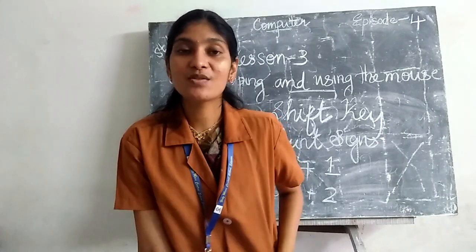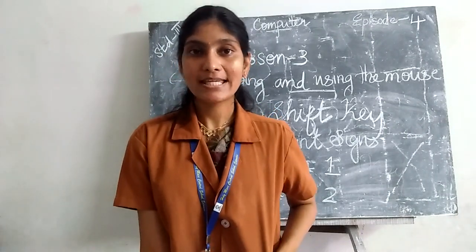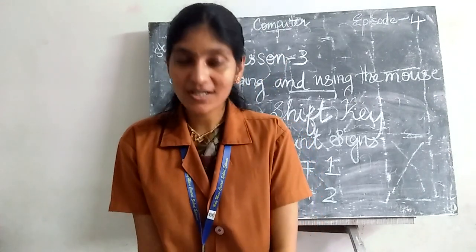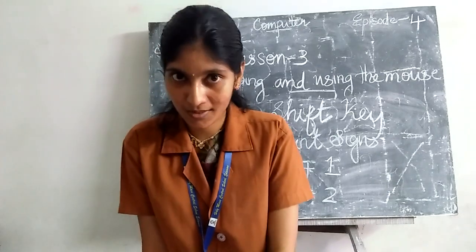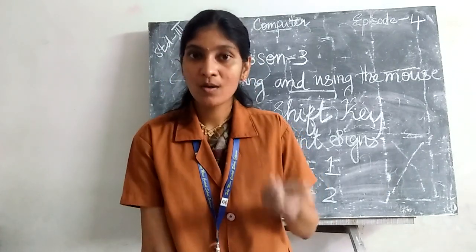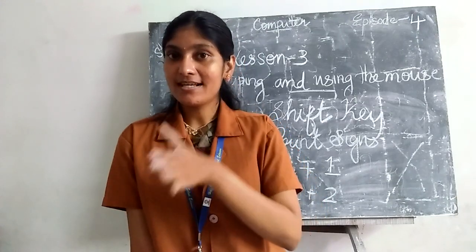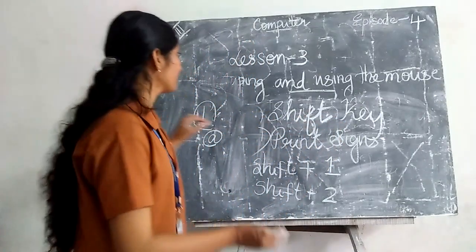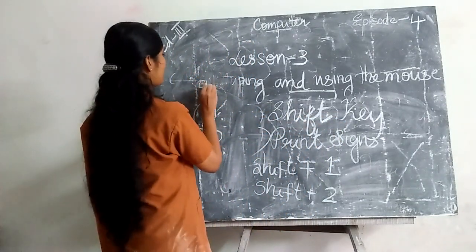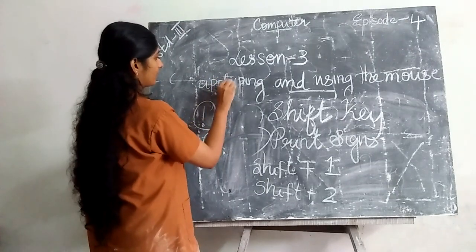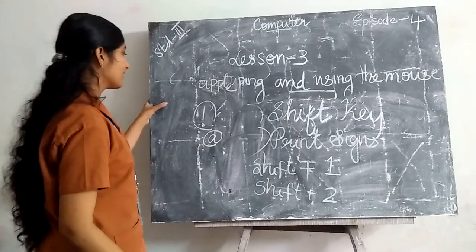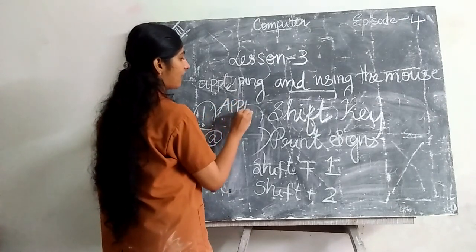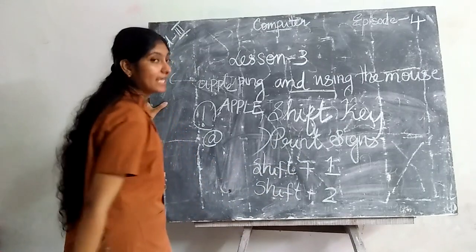Another use is that it reverses the process of caps lock. That means it reverses the function of the caps lock key. We can also create capital letters and small letters using the shift key. For example, if you type apple, and then press the shift key and type apple, the letters will appear in capital letters.